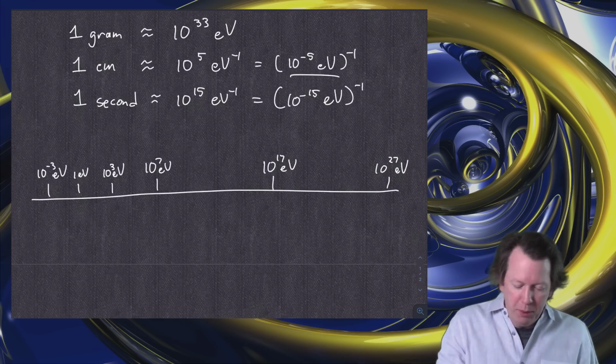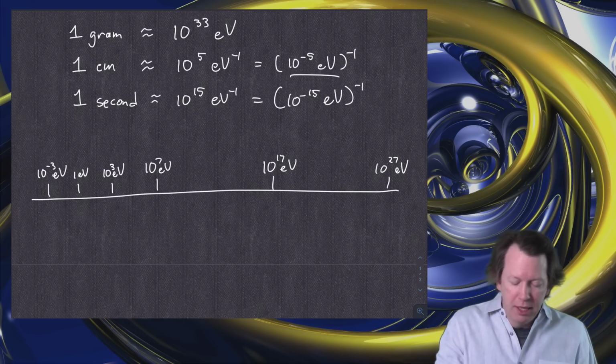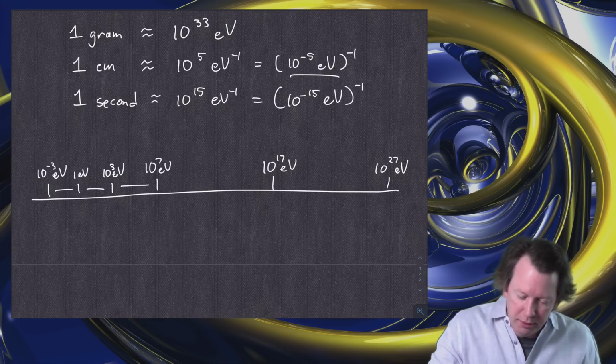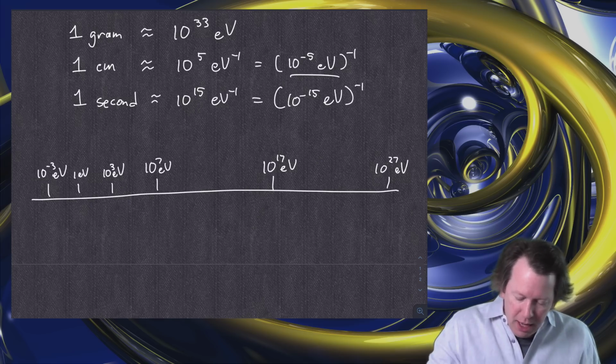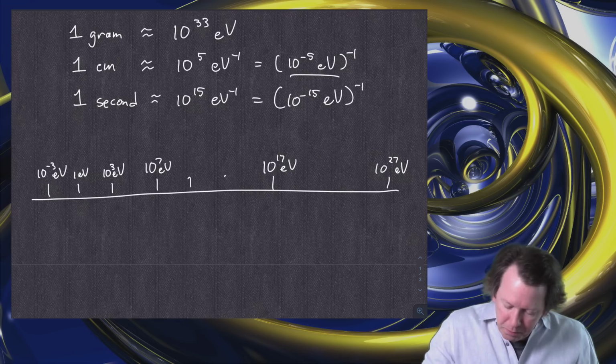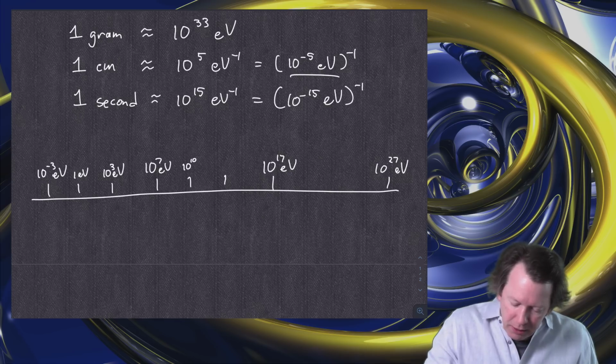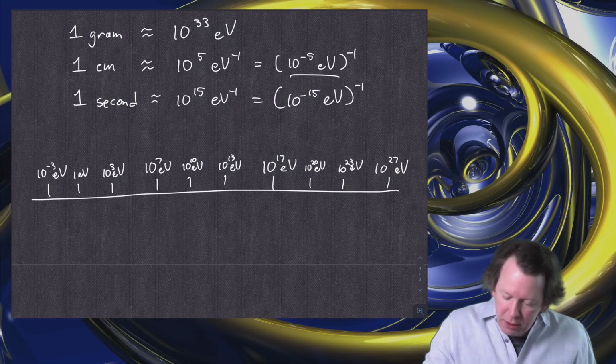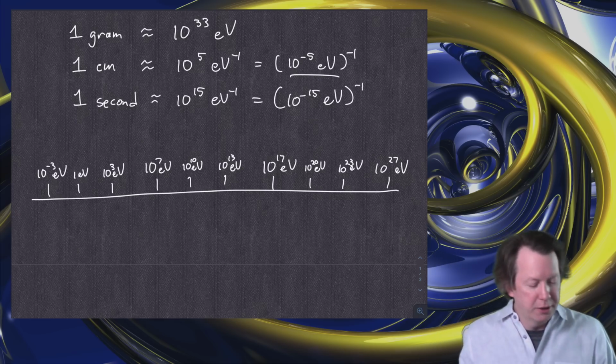Then that's 3 between there and there, another 3 between there and there, and 4 between there and there. That's what I'm trying to say here. And then same thing here. So this is 10 to the 10 eV, 10 to the 13 eV. Same thing here. This is 10 to the 20 eV, 10 to the 23 eV. This is just the way that I thought would be most convenient to actually do this.